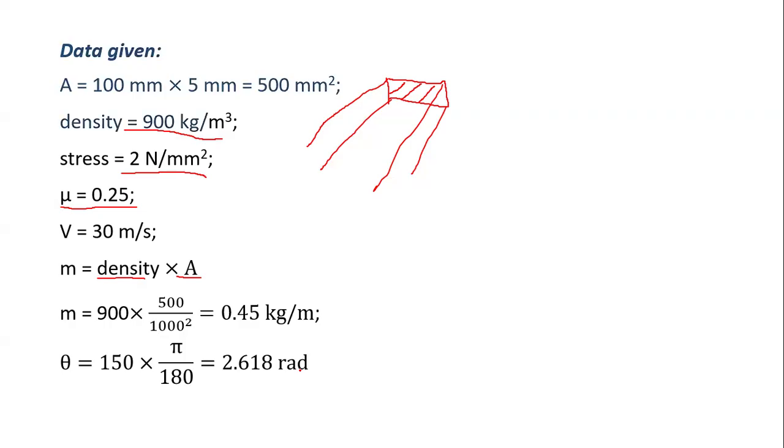Now, with that in mind, power transmitted. First thing we're going to do, find the maximum possible tension T. So we multiply stress by area. Stress was 2 newtons per square millimeter.